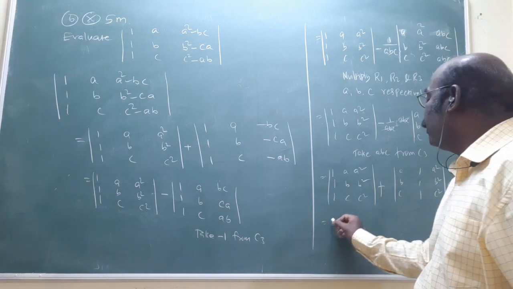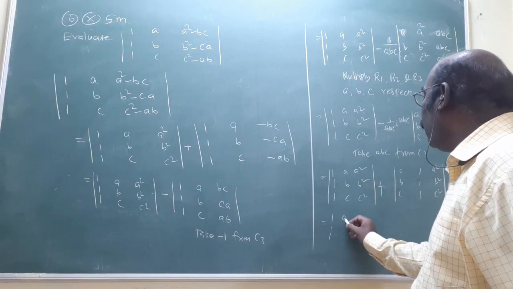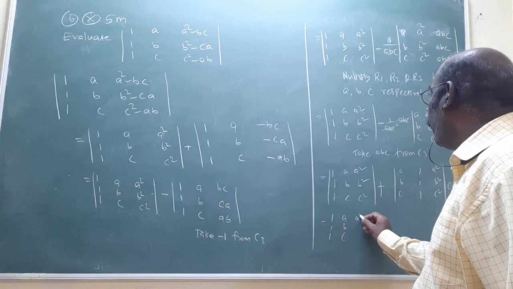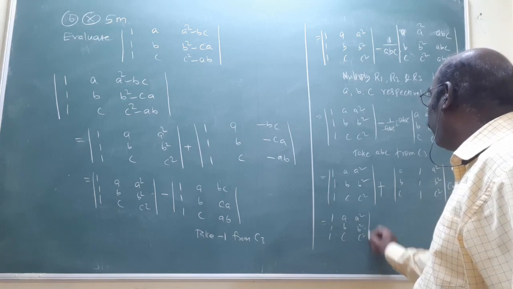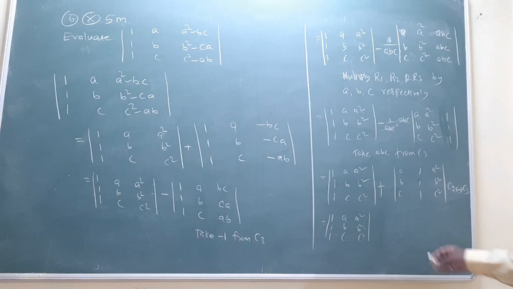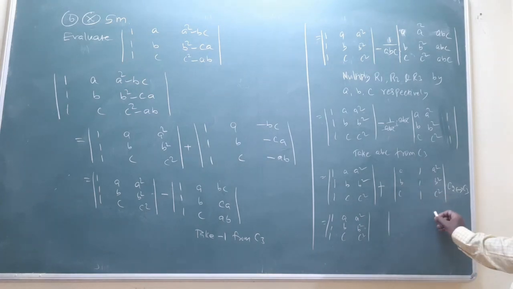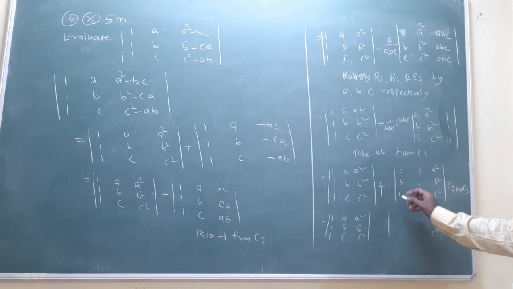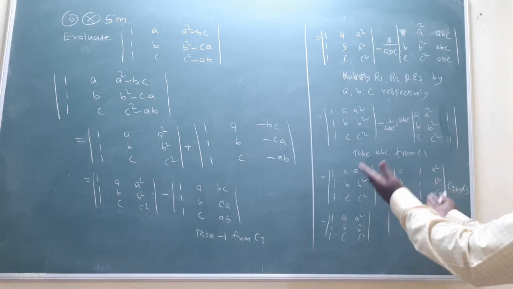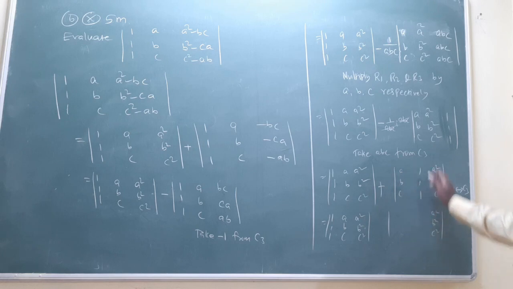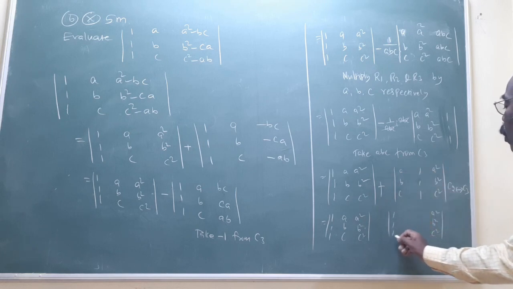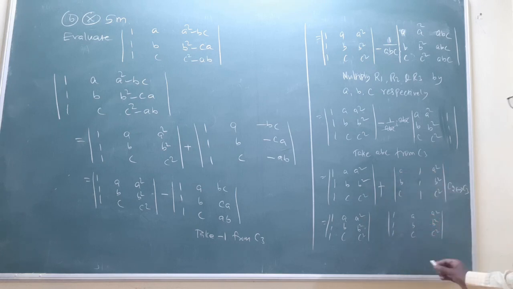Once again, 1, 1, 1, A, B, C, A square, B square, C square. Here we want first order, A square, B square, C square, no change. If ABC is there, what one is there? Interchange. This is called C1, this is C2, interchange. 1, 1, 1, here A, B, C. What is the reason?